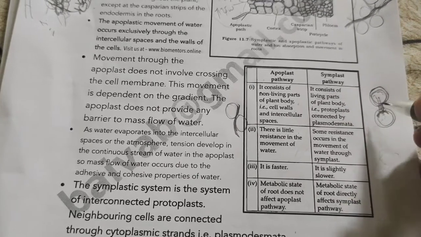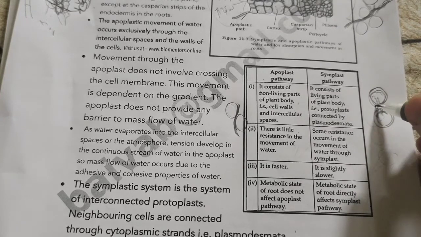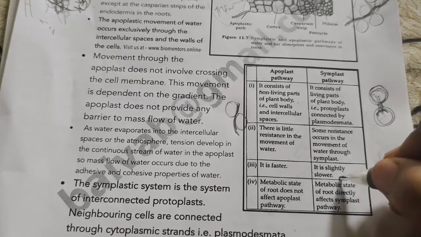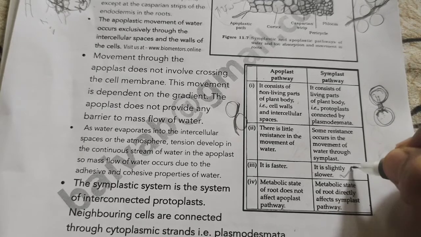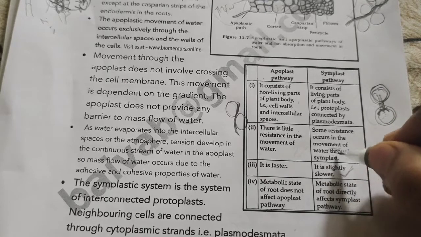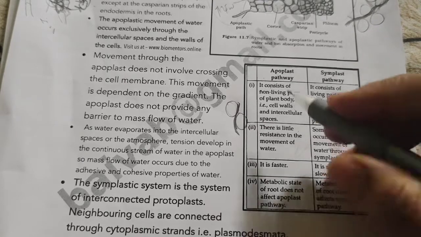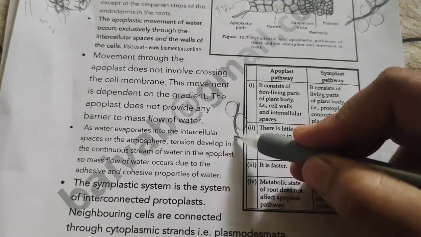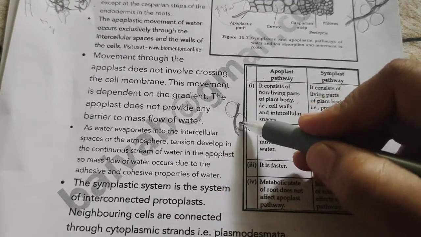And thus as the water has to cross the cell membrane while leaving the cell and also entering the cell, it takes a lot of time, and thus it is slower in nature. And thus there will also be resistance to the movement of water. Whereas in apoplast, that is not the case, because water does not have to enter inside the cell.